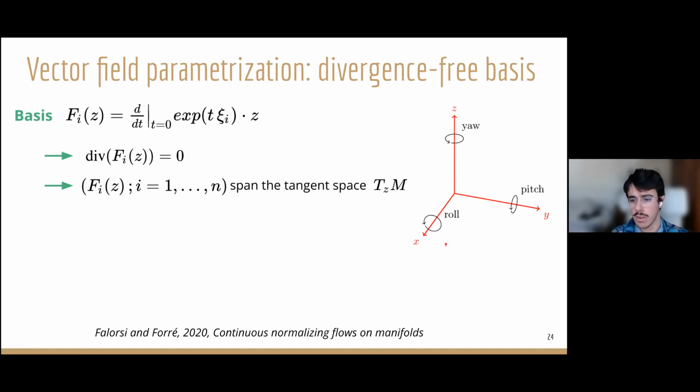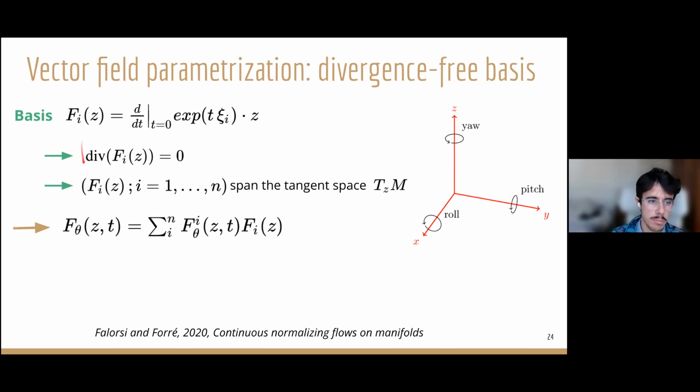Intuitively they are the vector fields induced by the isometries of the space. So for S2, they are the vector fields that generate the rotations around the three axes.